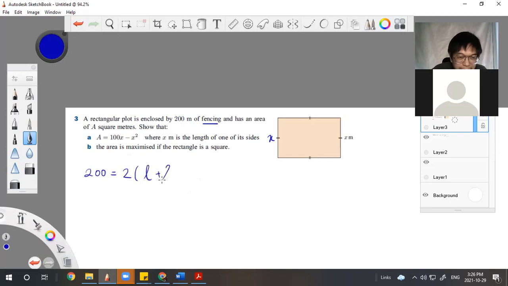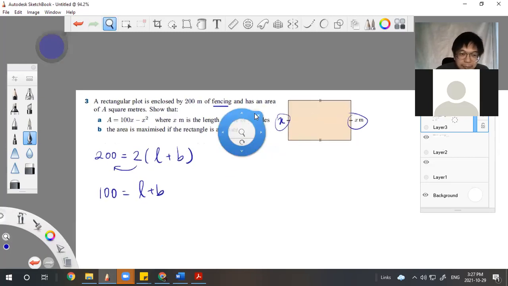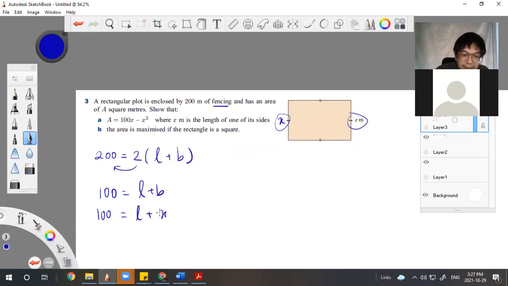2 times (L plus B), right? We know that the breadth is x already. So just divide this by 2, so it becomes 100 equals L plus B. Then 100 equals length plus x, so the length is 100 minus x.